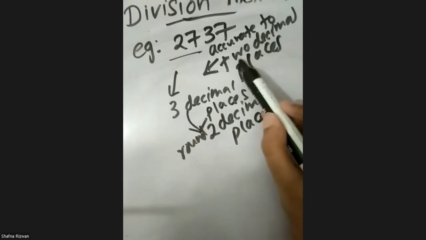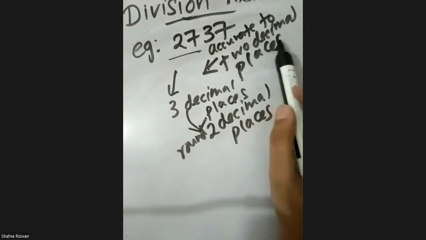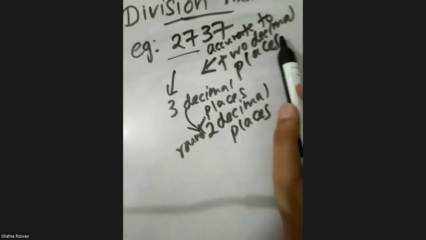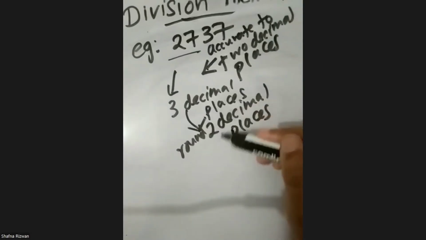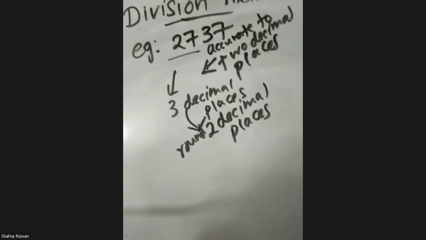So whenever they say find the square root accurate to two decimal places, always take three decimal places so that you can round it off to two.